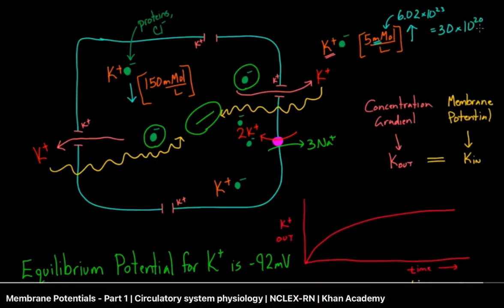That's an enormous number of potassium ions. And really, you just need a handful of ions to create this negative charge. So if only a handful of ions are moving back and forth, you're not going to make a difference to that enormous number, 10 to the 20th. So that's why we don't really think of the concentrations as changing very much at all.